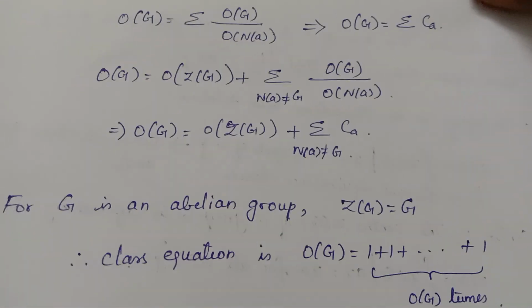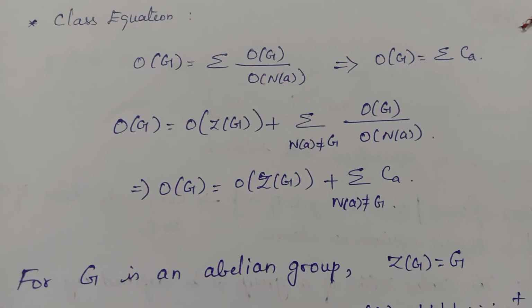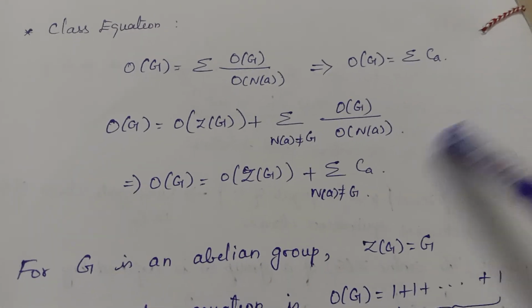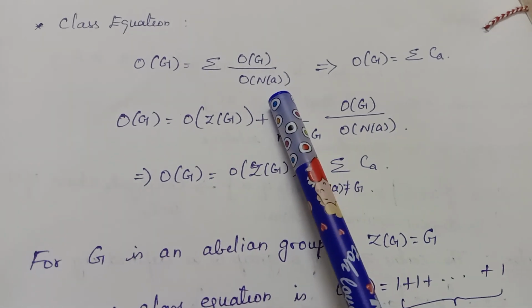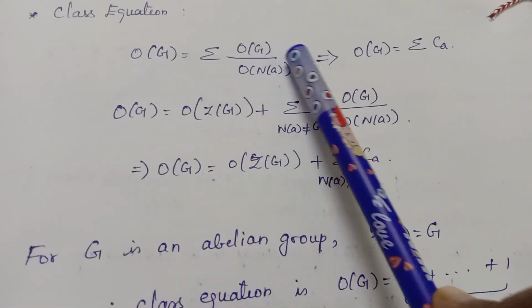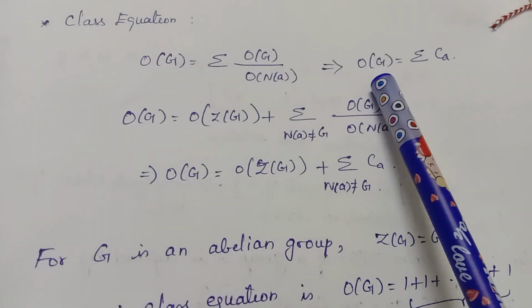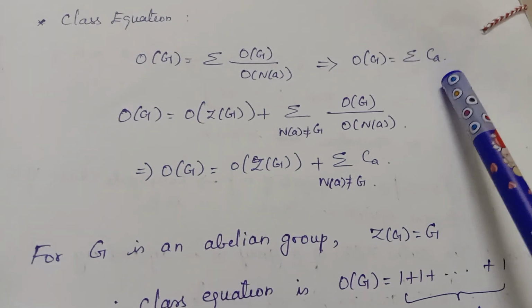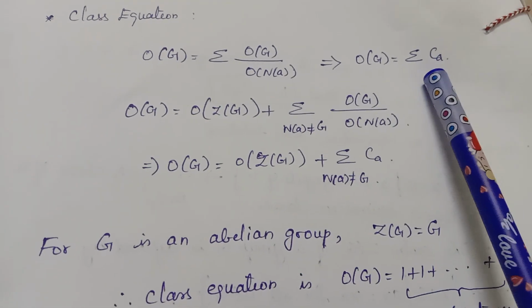The class equation is a way of representing the number of elements in the group. Order of G is equal to the summation of order of G by order of N of A, which is the number of elements in the conjugate classes. So order of G can be written as the summation of C of A, where the summation runs over one element from each conjugate class.